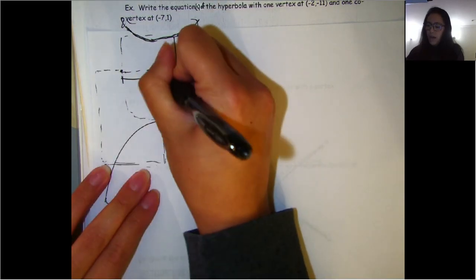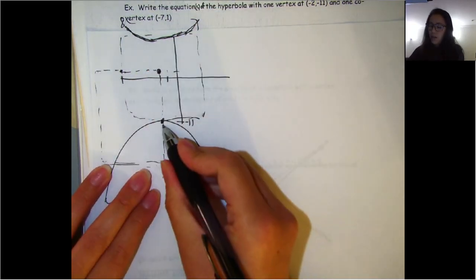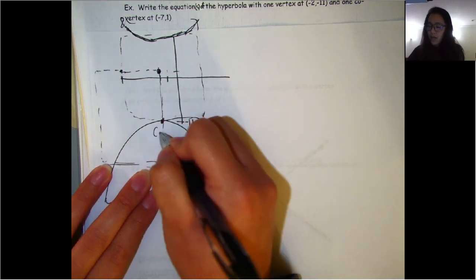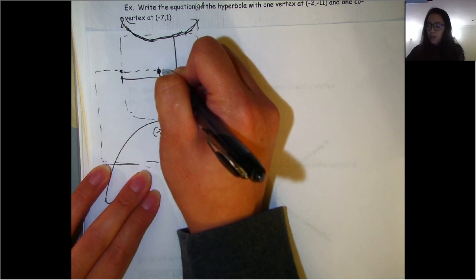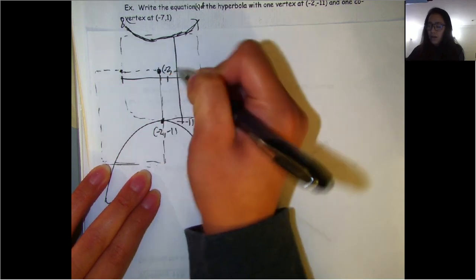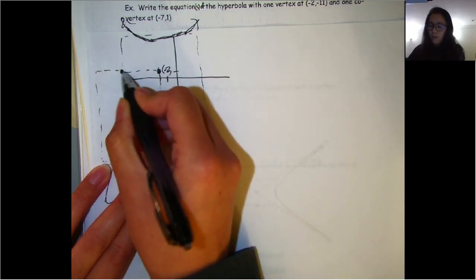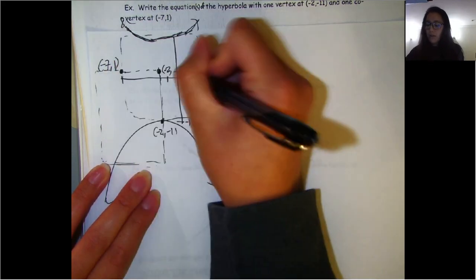So this point would have the x coordinate of this vertex. If this vertex was (-2, -11), then this would be -2, and it would have the y value of this co-vertex, (-7, 1), so the y value would be 1.